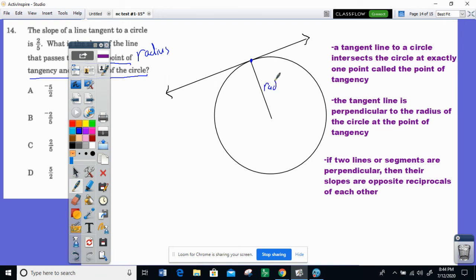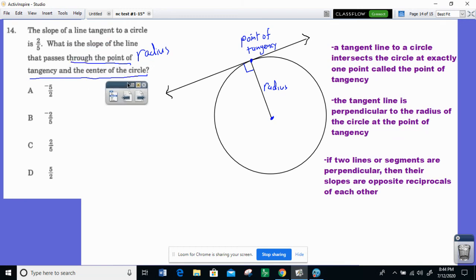So here's our radius, if this is the center. And there's a theorem that we learned when we were learning about circles that says the tangent line is perpendicular to this radius, right here at the point of tangency. The point of tangency is simply the point where the tangent line and the circle intersect.